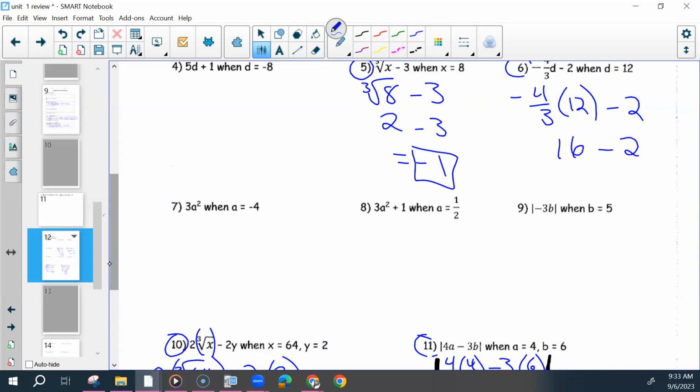And then subtract. Do we have any other evaluating? Math.